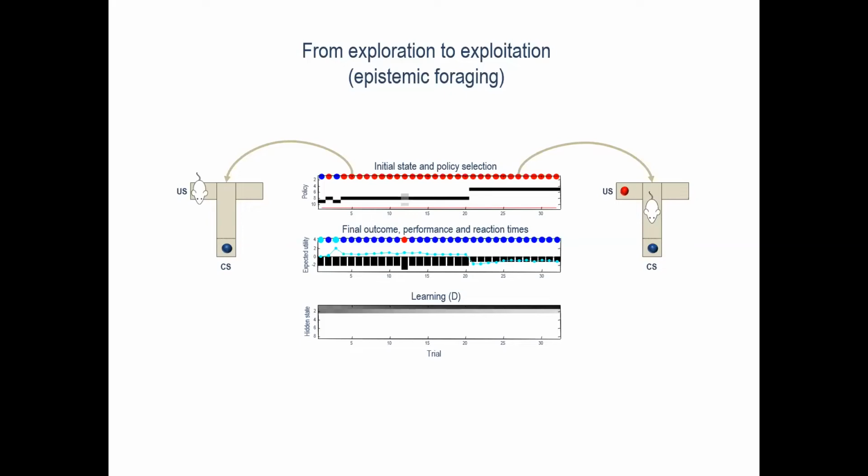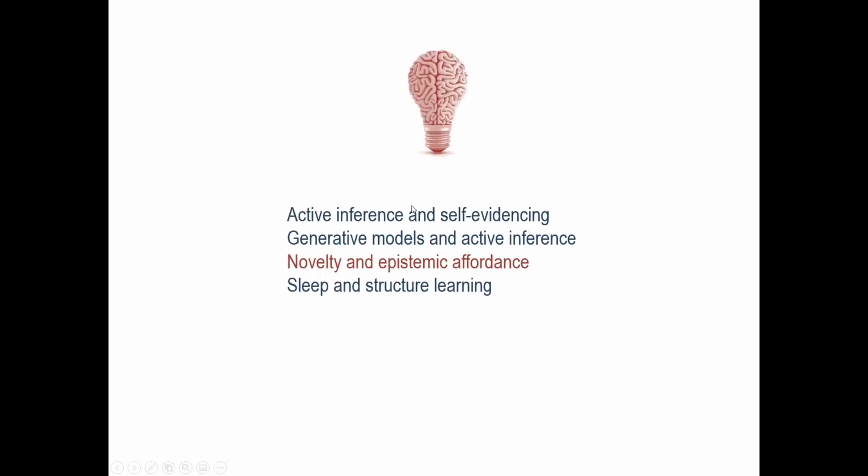And then on the other side, the expected evidence itself becomes a pragmatic or expected utility or preferred or attractive state. So once we've resolved our uncertainty in an environment that we can become familiar with, there is no more salient or epistemic affordance, and we can then indulge in this exploitative behavior.